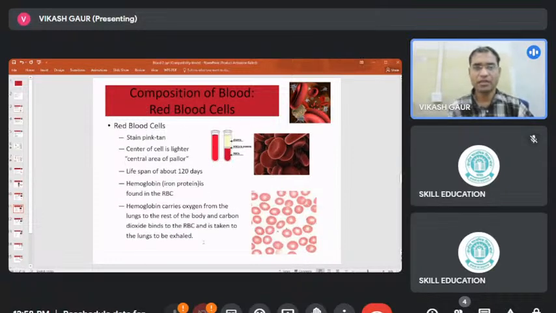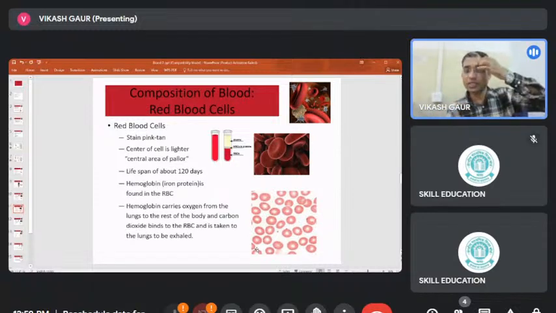It stains pink-tan and the center of the cell is lighter, the area of pallor, while the peripheral area has more hemoglobin concentration. Hemoglobin is found in the RBC; it is an iron protein, very important for human health. It carries oxygen from the lungs to the rest of the body and also collects carbon dioxide from the body and transports it to the lungs to be exhaled.